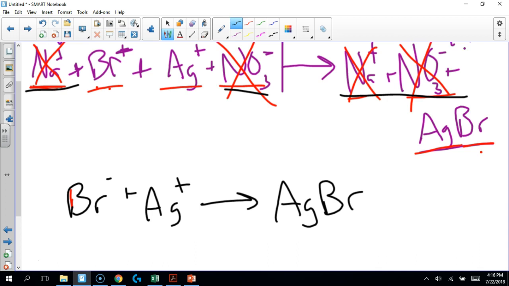They're just hanging around watching the reaction happen. And that gives them a special name. I'll talk about the special name in a minute. Because they didn't change, they didn't undergo any sort of reaction, they were watching the reaction happen. They weren't part of the chemical reaction. So now this is what we call the net ionic equation. And in the list of steps, this is step 3.